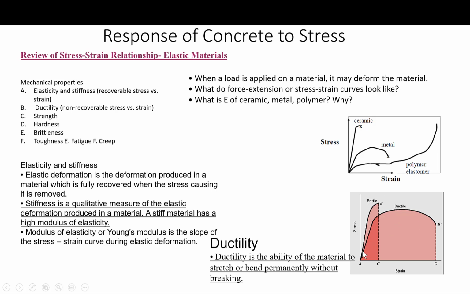The brittle material like the concrete or the ceramic does not. It actually breaks suddenly under load. It does not have the ability to stretch or bend permanently without breaking.